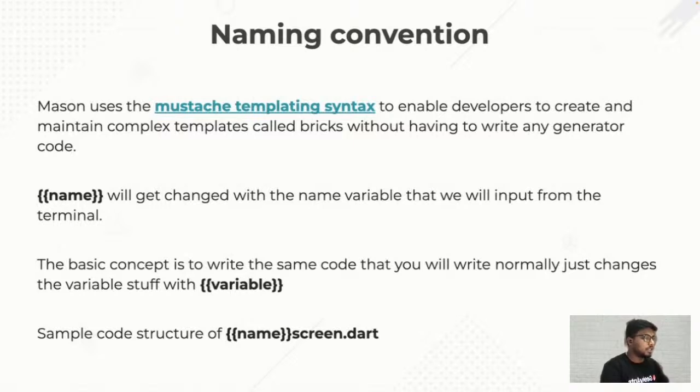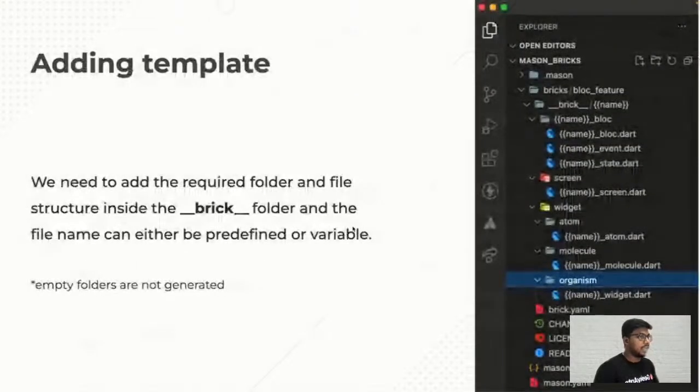The basic concept is to write the variable name inside double braces. So the sample code structure will become like, let's say we have a feature_screen.dart. So feature is our name, so we replace that with curly braces, and inside that we write the name variable. So you can see that we have the name_screen.dart file, which we will add later.